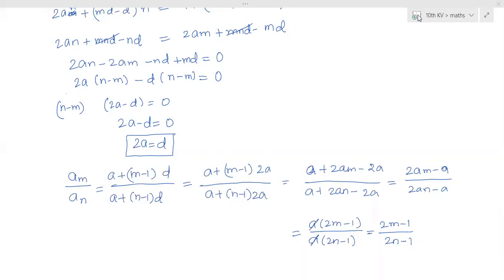I have a doubt in first exercise, question number 7 of quadratic equation exemplar. One second, wait, I'm opening.